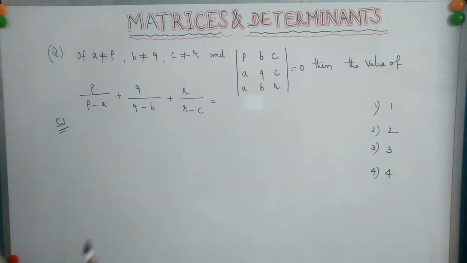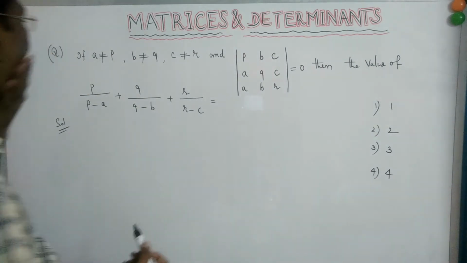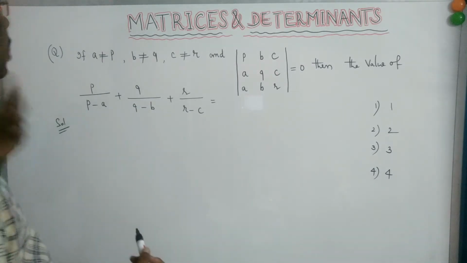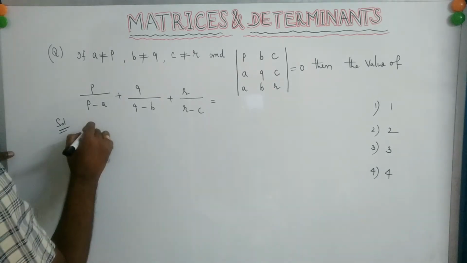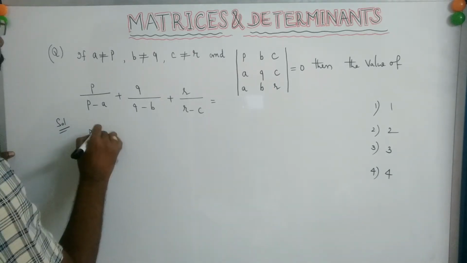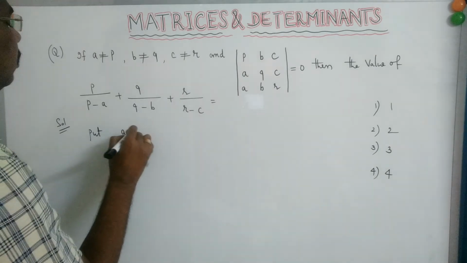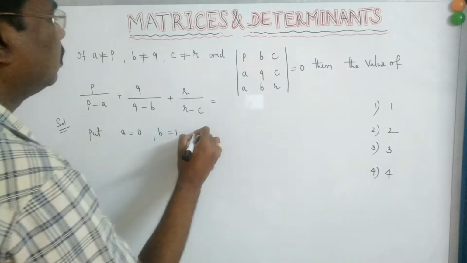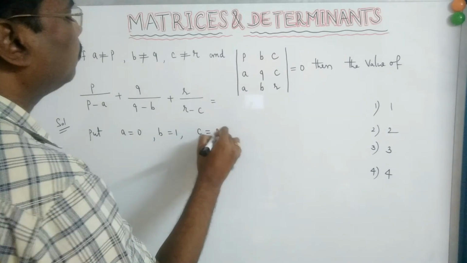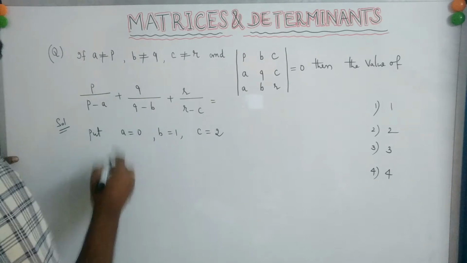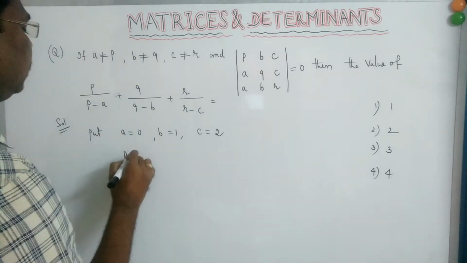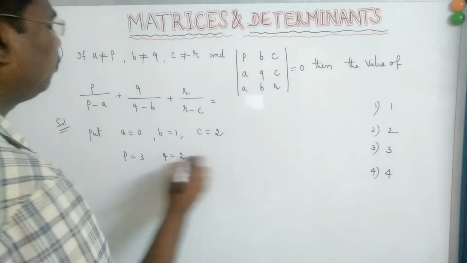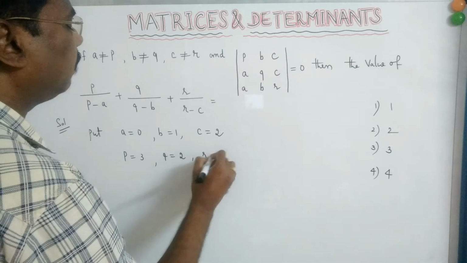Okay, now consider the values. Here A, B, C and P, Q, R values are there. Now put A equal to 0, B equal to 1, C equal to 2, and also P equal to 3, Q equal to 2 and R equal to 1.